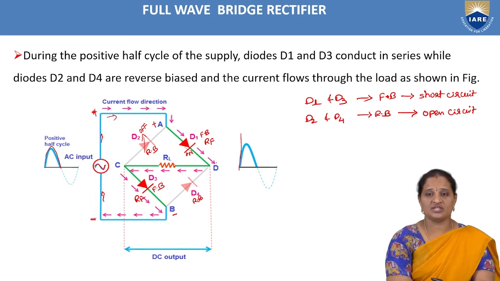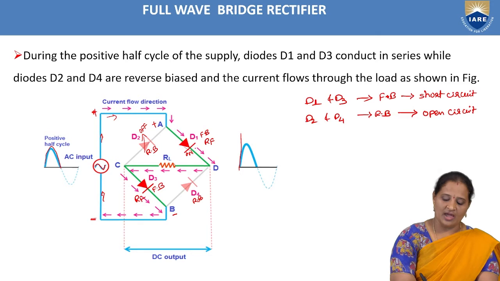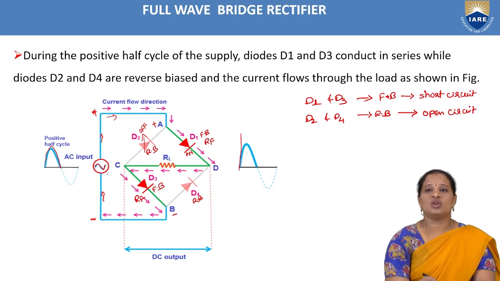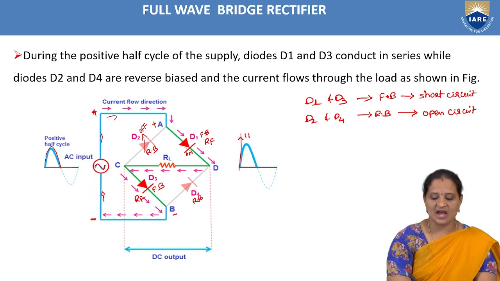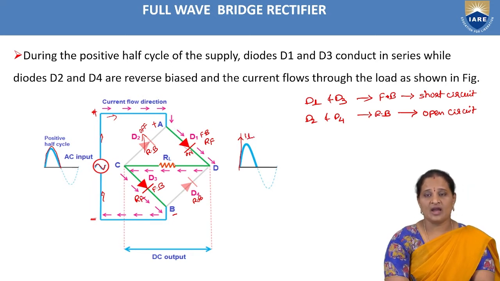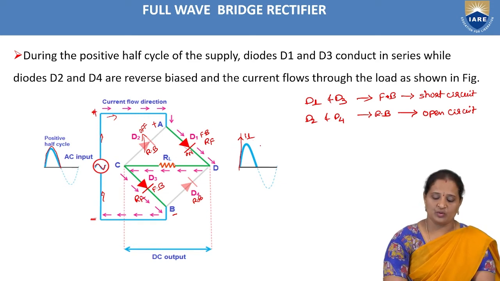As the input voltage is varying sinusoidally, the current flowing through the load resistor will also vary sinusoidally. So let us consider this as I1. This is the current I1 flowing through the load resistor during the positive half cycle of input voltage, which results in a positive half cycle of current across the load resistor.